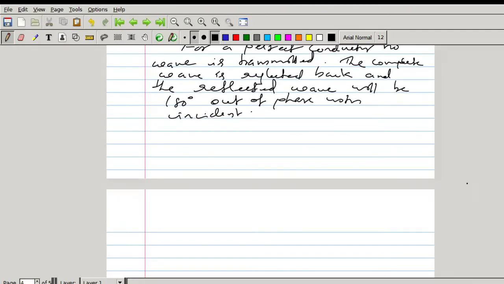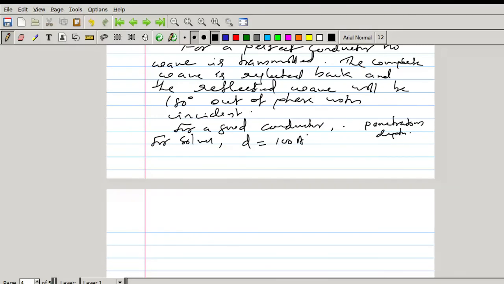For a good conductor, if I take a high sigma value, it can penetrate through a short distance. The distance at which the amplitude of the wave becomes negligibly small is called the penetration depth. For silver, for example, the penetration depth is nearly 100 angstrom.